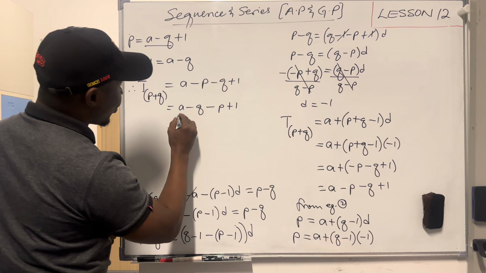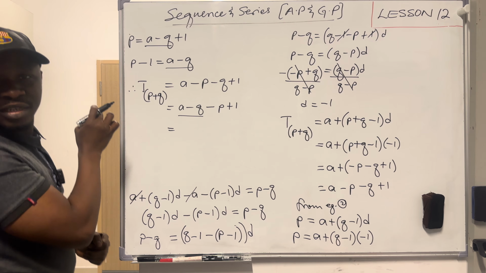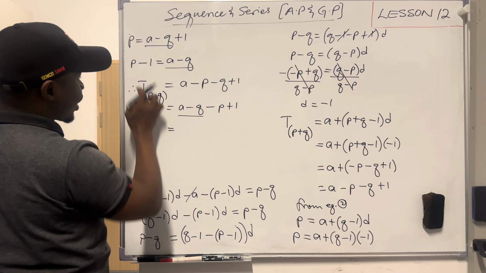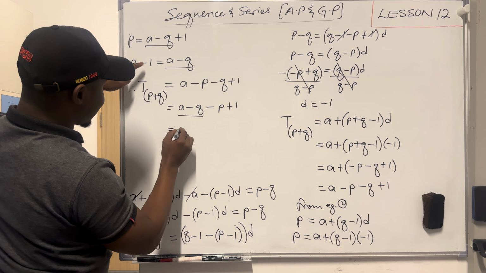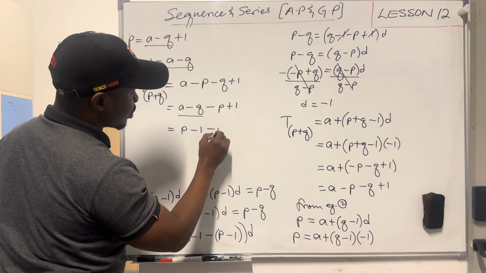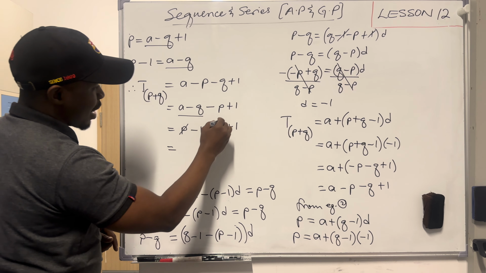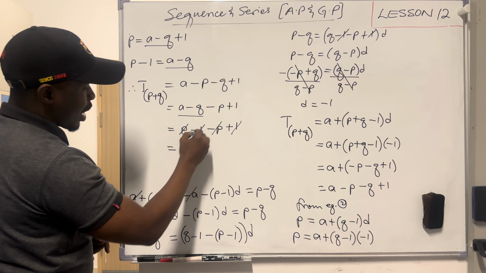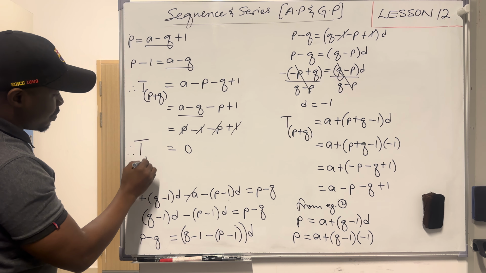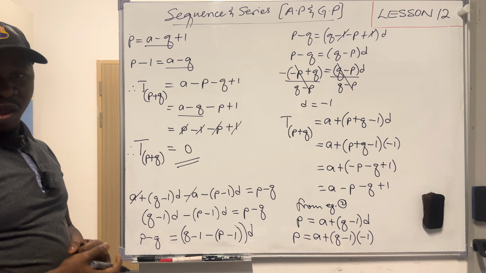So now what is A minus Q? A minus Q is P minus 1. So for this A minus Q, it is now P minus 1. Then we continue minus P plus 1. Therefore, P minus P, 1 minus 1 is 0. So this shows that the P plus Q term is now 0. I hope it is clear.